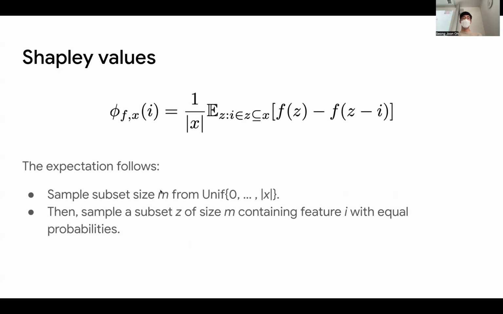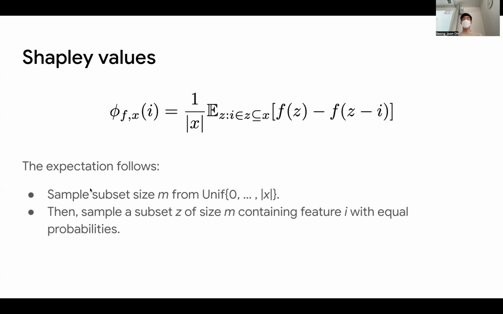Yeah. And the expectation here is not actually uniform across all possible Zs that are a subset of X. But actually, there's a two-stage process in taking the expectation here.